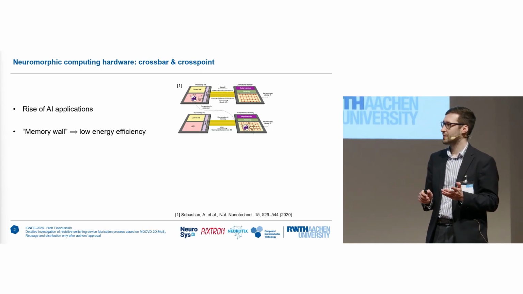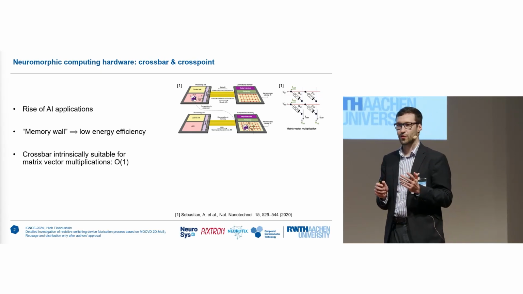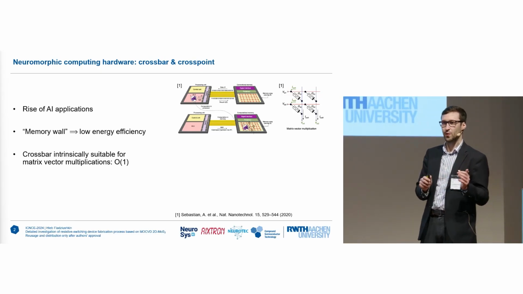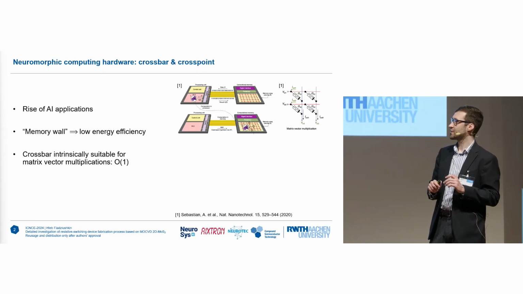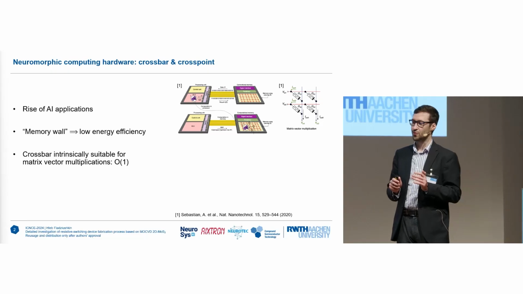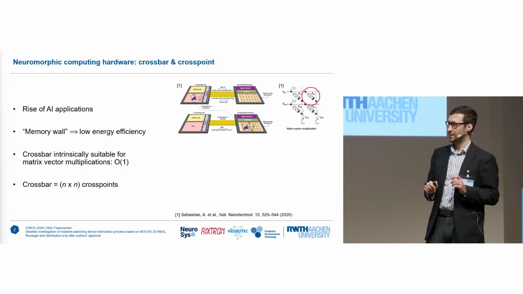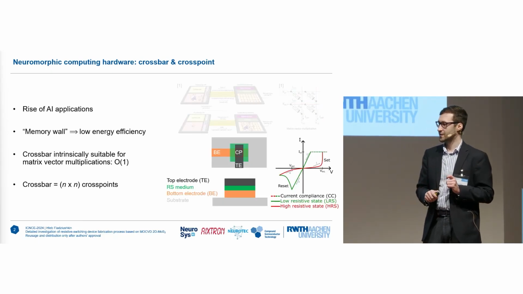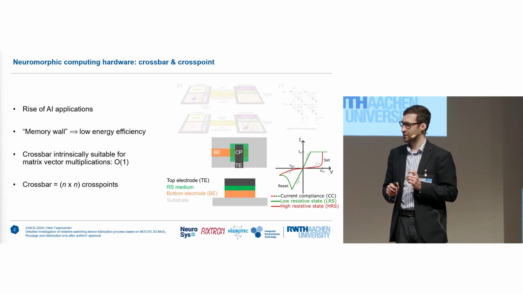One way of addressing it is using crossbar structures, which combine both the memory and compute functionalities in the same units. These structures are optimally suited for matrix-vector multiplications. In the following talk, I will narrow it down to individual cross points. Here is just a small overview of the functionality of these devices.